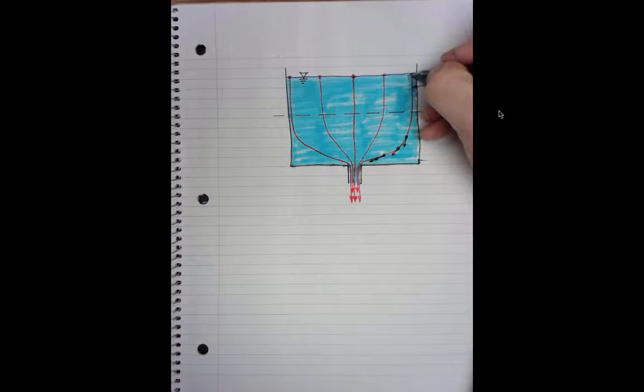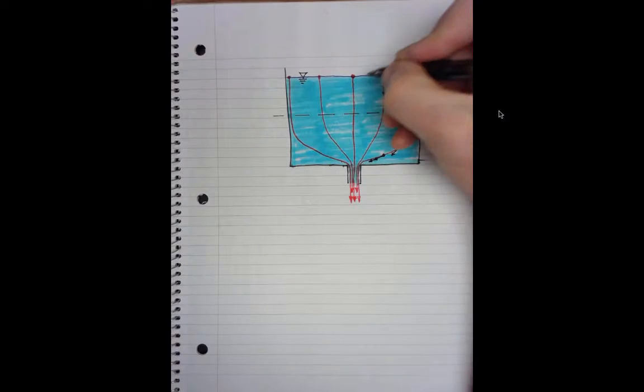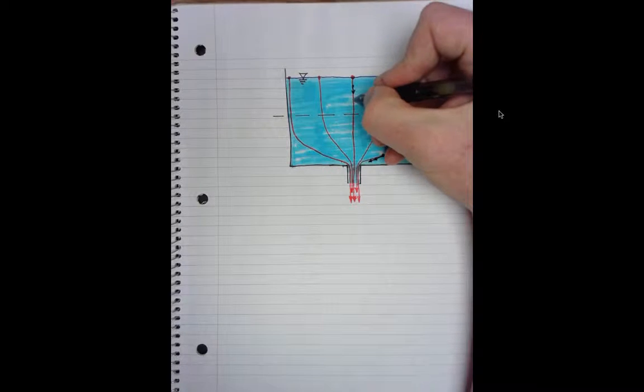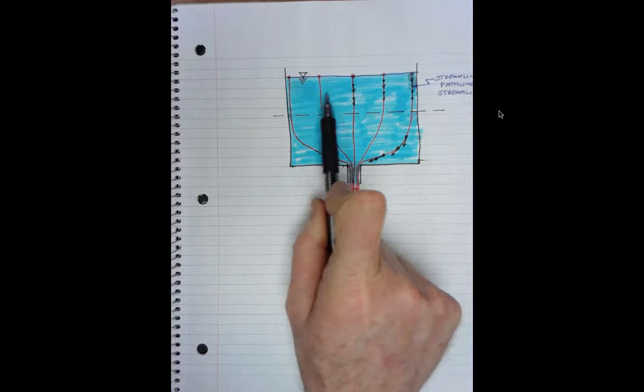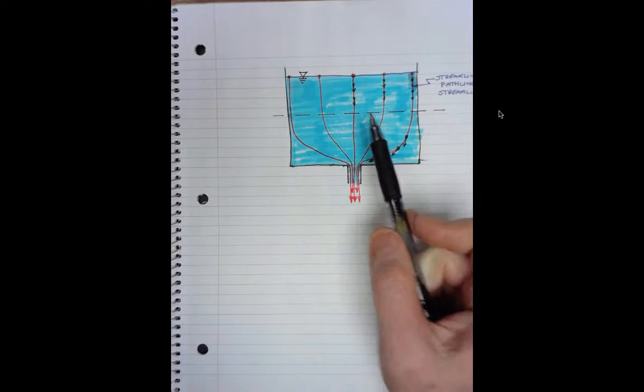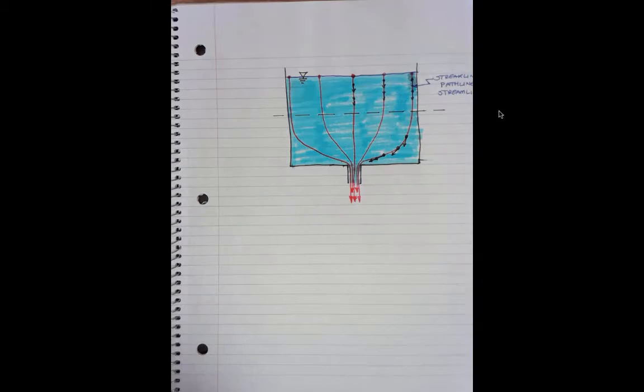Up here, however, it's not too hard to conclude that the velocity is pretty much the same as we're moving through the flow field. And the indication of that is actually that these streamlines are parallel. They're not squeezing together or spreading apart.